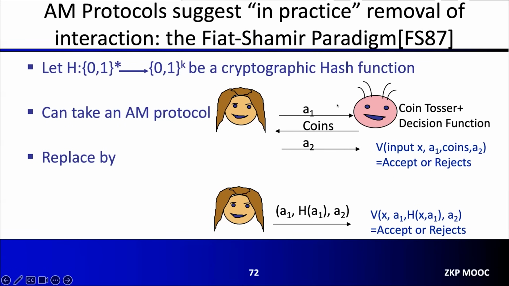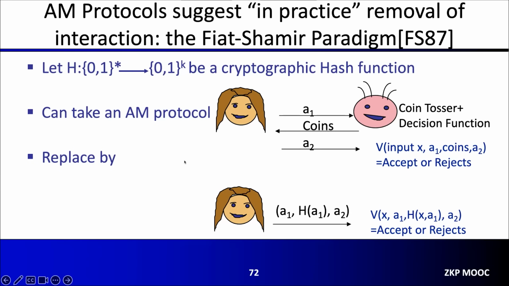And this transcript, rather than A1, coins, A2, is A1, the result of applying the hash function to A1, A2. It should be just as good, and the verifier can run his decision procedure on this history rather than on a true interaction, and then decide either to accept or reject. It should satisfy completeness and soundness in the same way as a real interaction did.